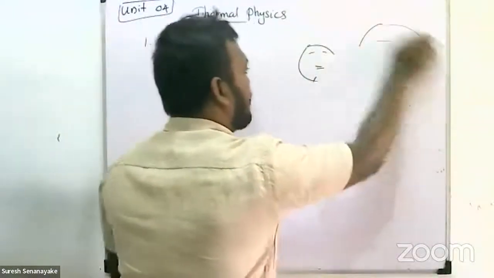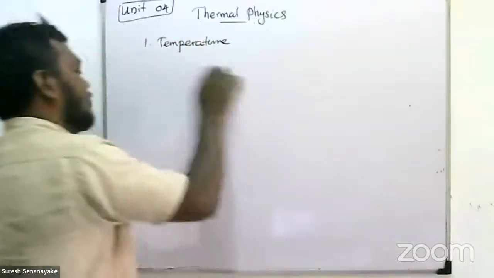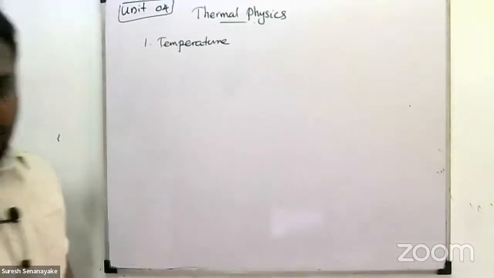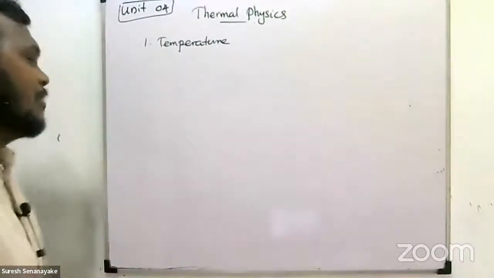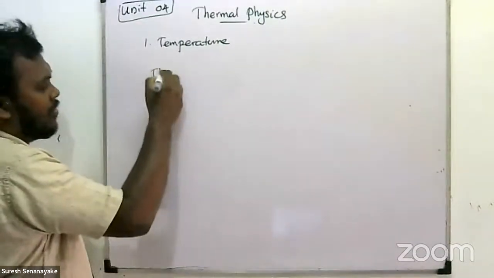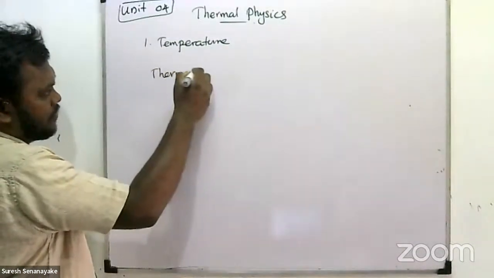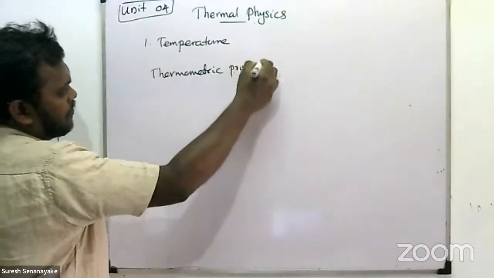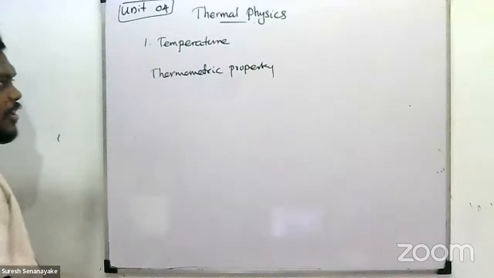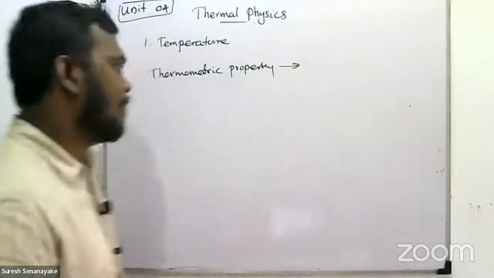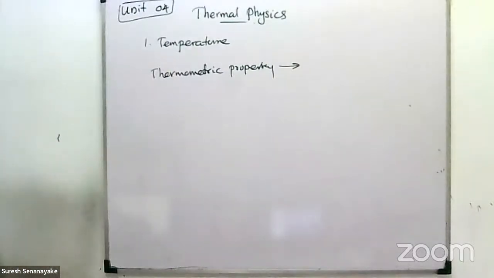When you are going to measure the temperature, we need to know about thermometers, right? So what are the things? They are called thermometric properties. A thermometric property is a property of a material that responds to temperature change.